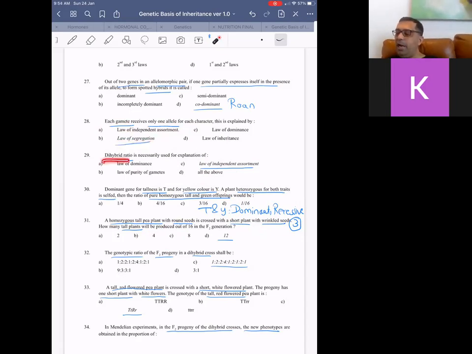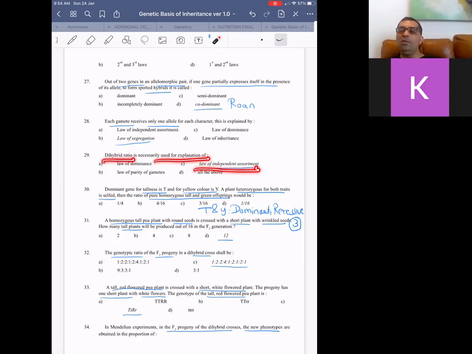A dihybrid ratio is necessarily used for explanation of law of independent assortment. What is a monohybrid ratio used for explaining?